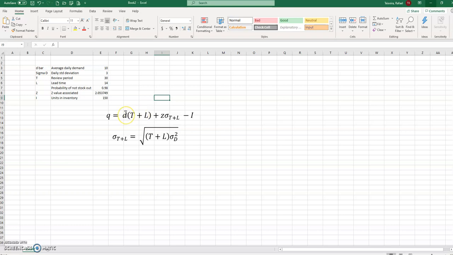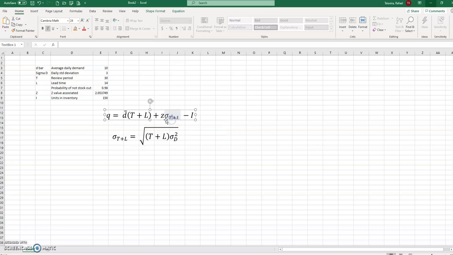I multiply by my average daily demand, and then I add on top of that whatever varies in my demand during this period of placing an order, the review period, and the lead time. So this is the variability of demand during this period. And to compute this, we have to compute this formula here.